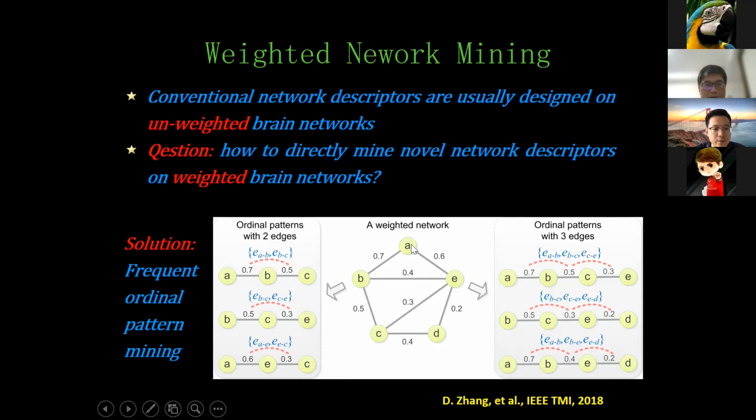If the weight of AB is greater than the weight of BC, then we can say AB > BC is an ordinal pattern. So this ordinal pattern uses the weight information, and we directly mine the frequent ordinal patterns. Okay, and then use them as the features.